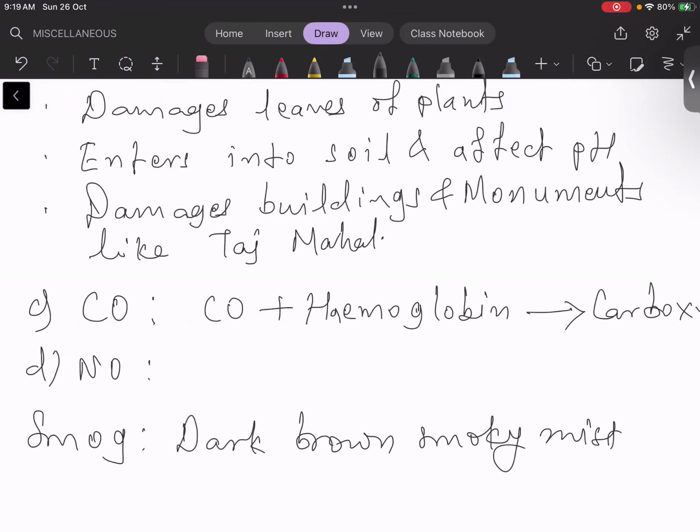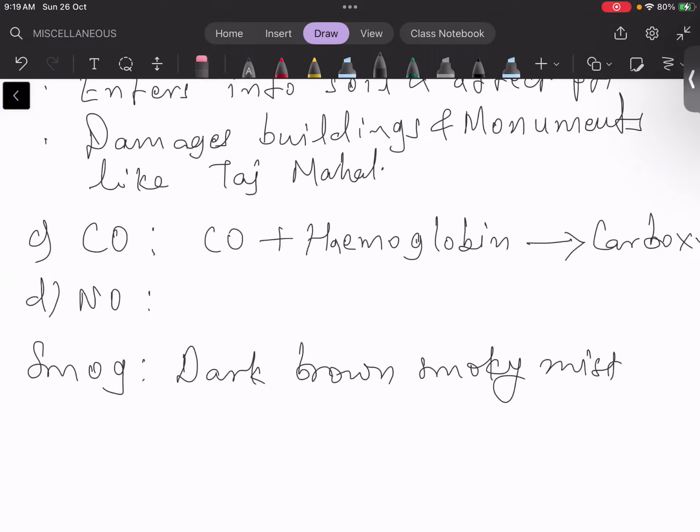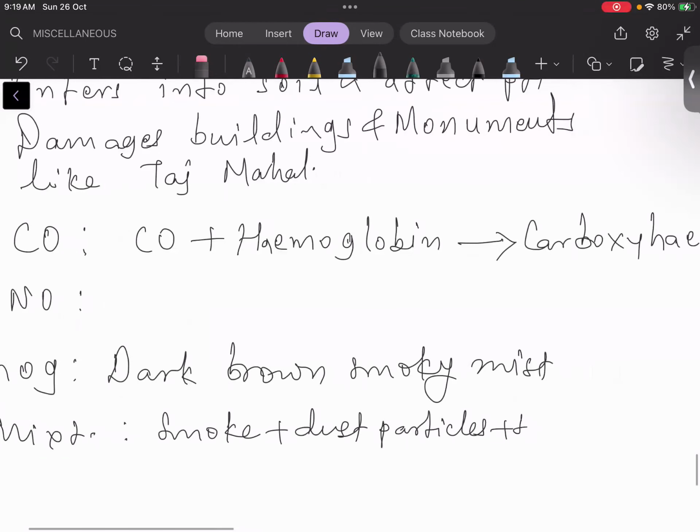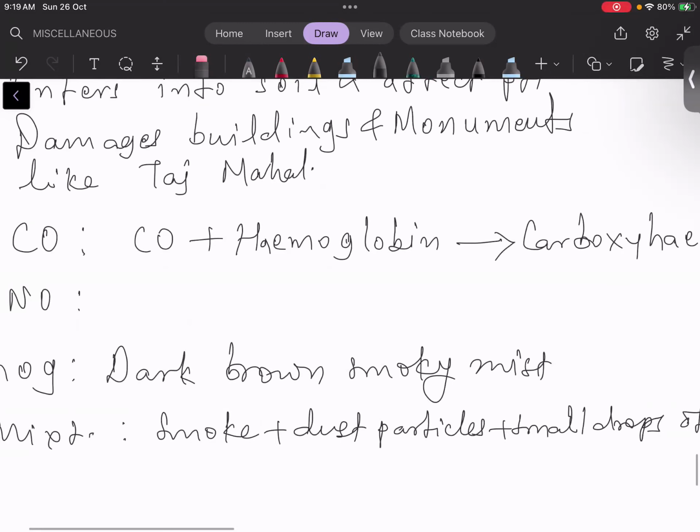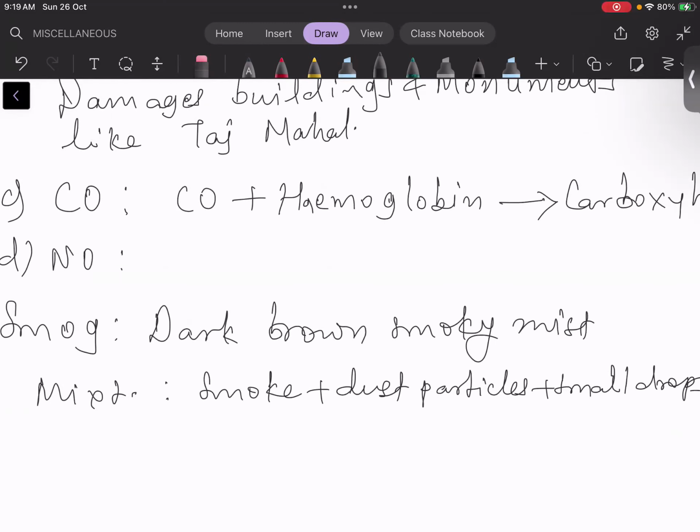It is a mixture of smoke, plus dust particles, plus small drops of fog, etc. Smog is formed when ash, sulfur, and other harmful chemicals present in the smoke emitted by factories, vehicles, farming, burning of coal, and industrial plants are exposed to the fog.